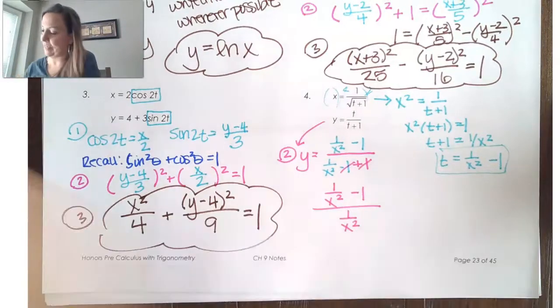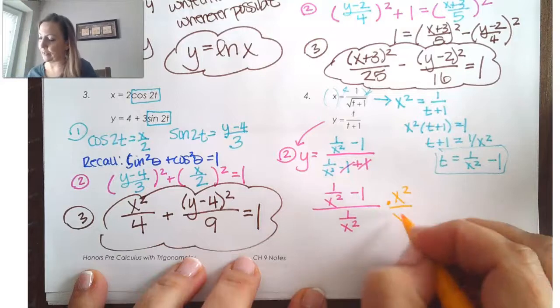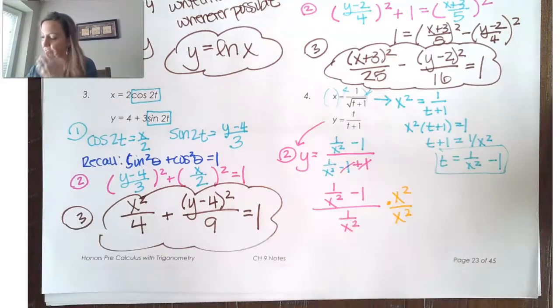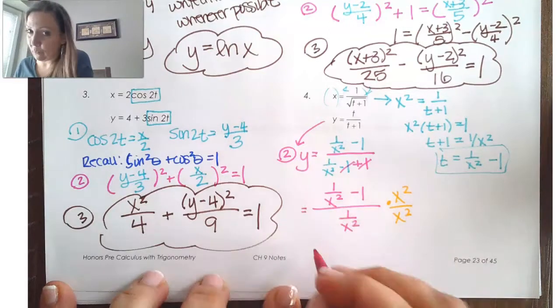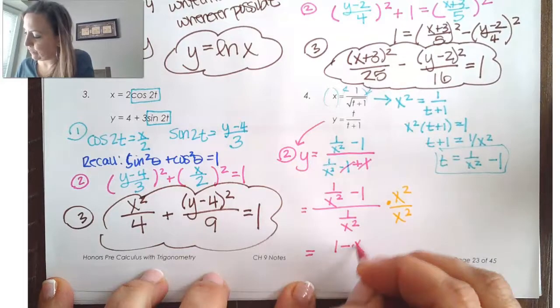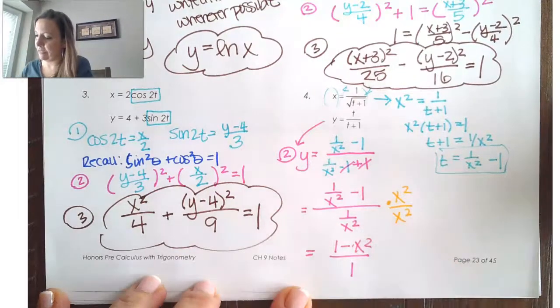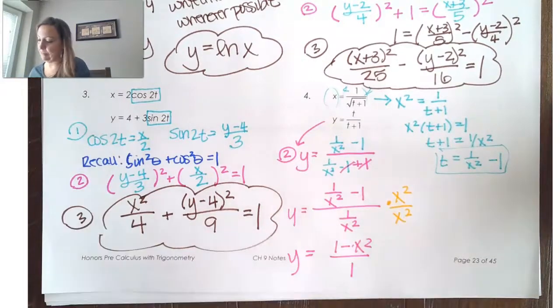To simplify that, I'll multiply by x squared over x squared to get rid of that complex fraction. That gives me (1 minus x squared) over 1. And again, this was all y equals. That looks pretty good to me.